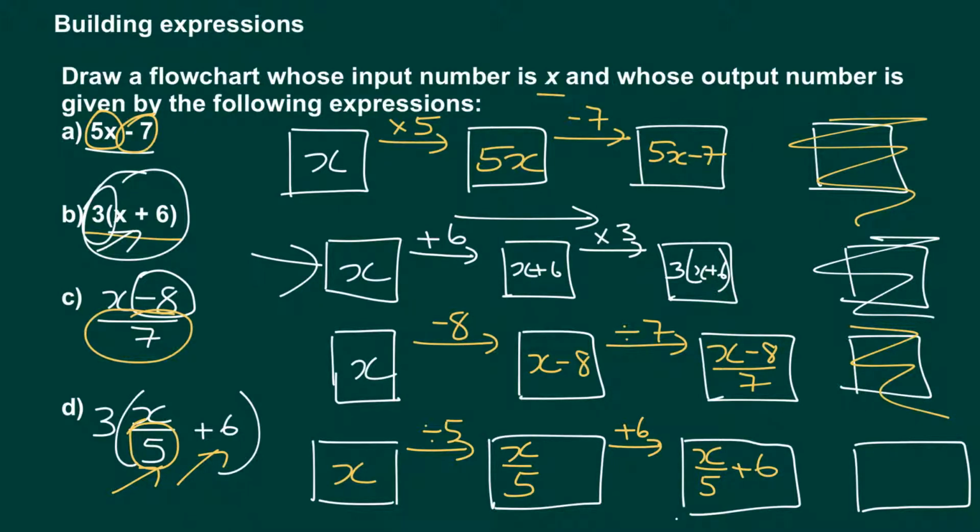And then the final thing we have to do is the multiplied by 3, because that will then multiply the entire bracket by 3. So we have 3 bracket x over 5 plus 6. So that right there, guys, again, is the flowchart that describes 3 bracket x over 5 plus 6.